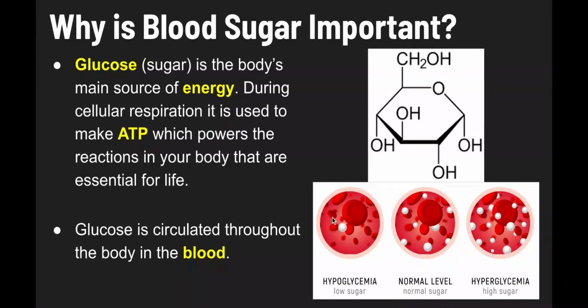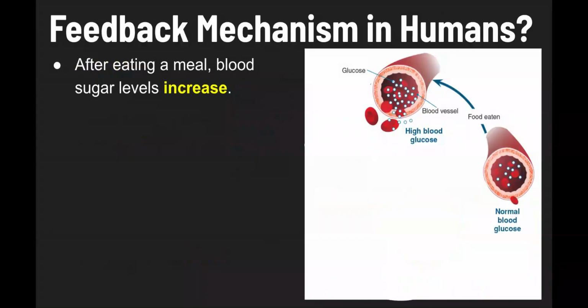On the left here, the blood sugar could be low, so you don't have very much glucose in your blood. Or alternatively, on the right here, you could have a very high blood sugar. So this is where you have lots of sugar in your blood. Okay, so that just tells you why blood sugar is important at all.